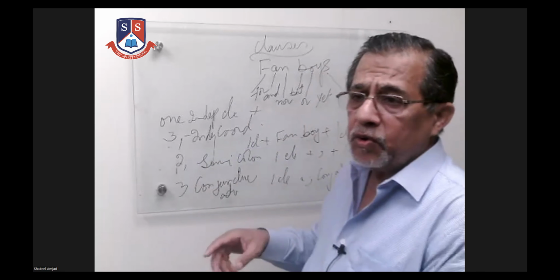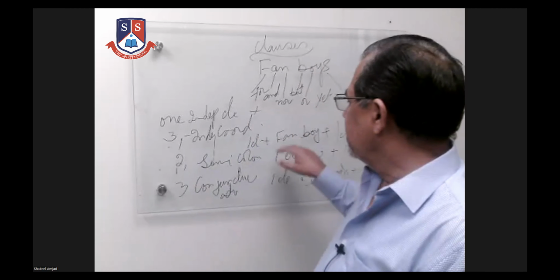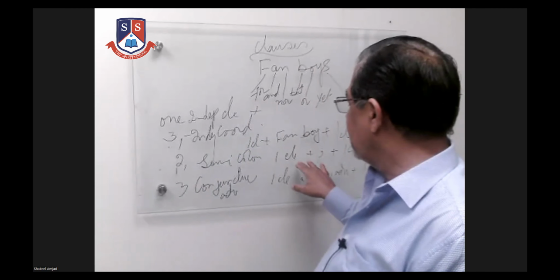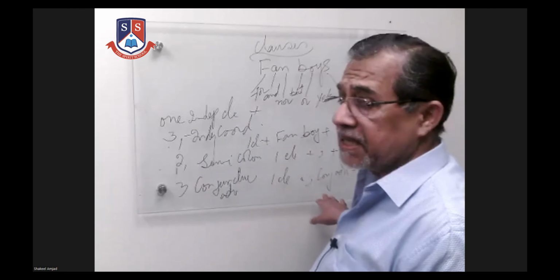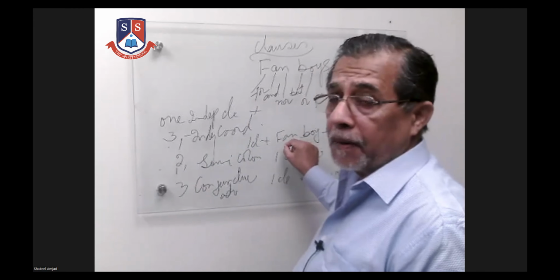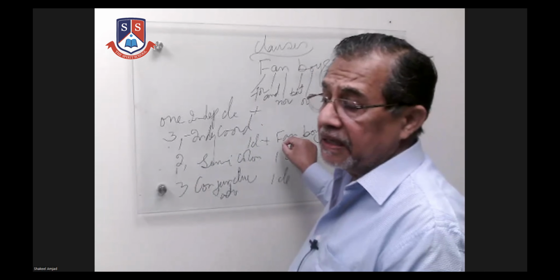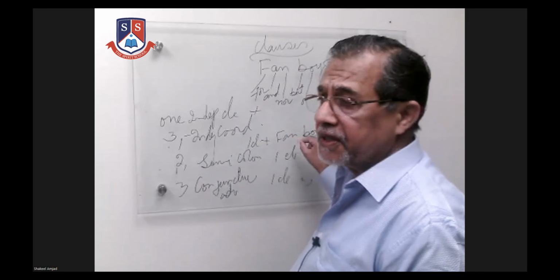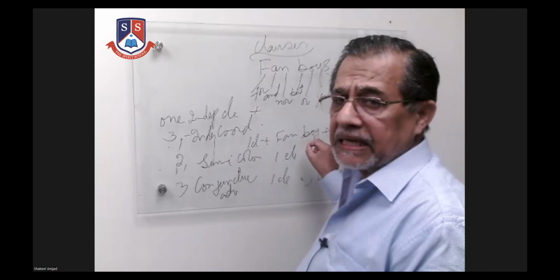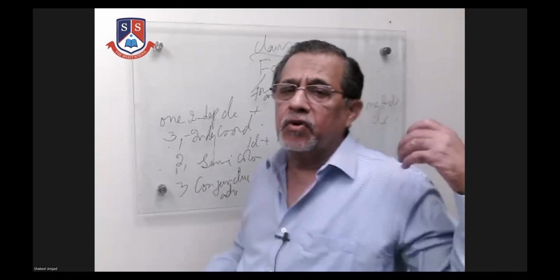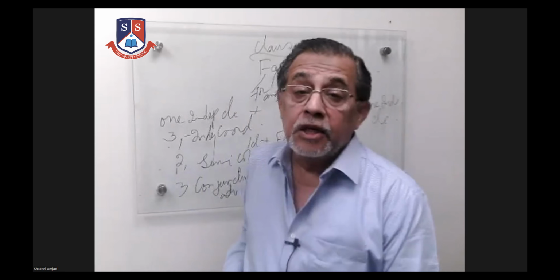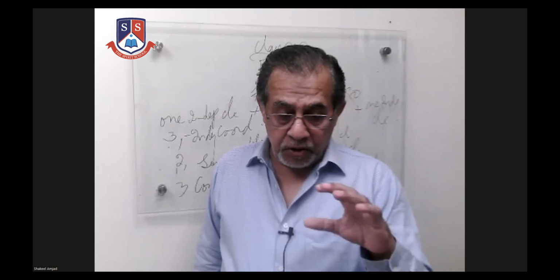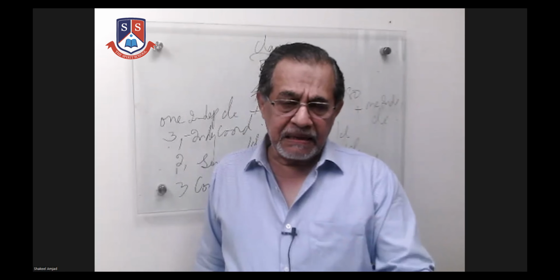Whenever you are in a problem, you want to make things easier, just omit either the fanboy coordinating conjunction, or the semicolon, or the semicolon plus conjunctive adverb, put a full stop, or according to the sentence structure, put a terminal mark after the first and begin the second one with a capital letter. There is already a terminal mark at the end of the second. So this is how you can make a compound sentence.